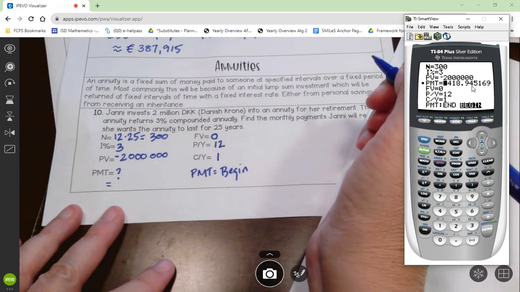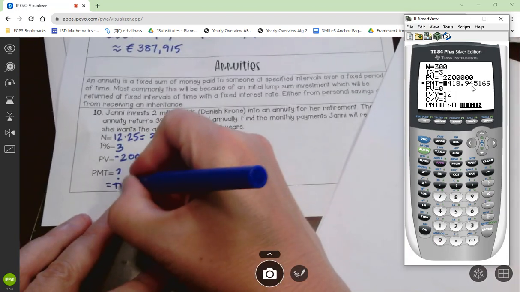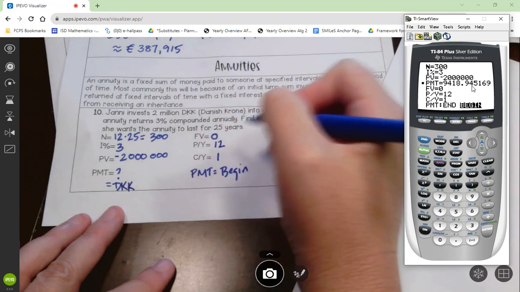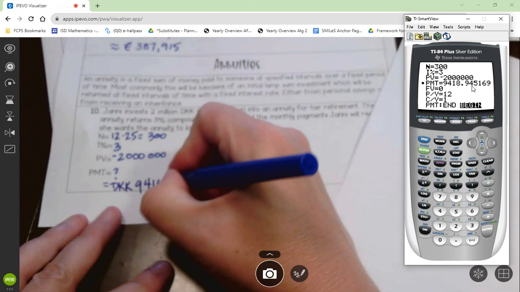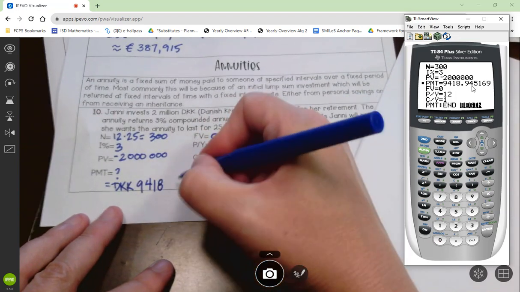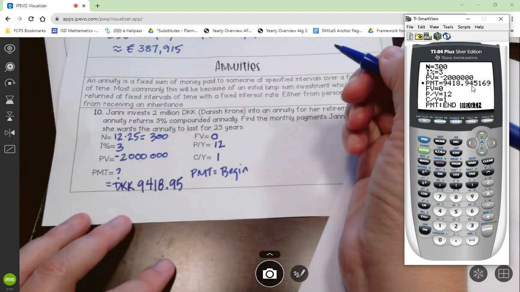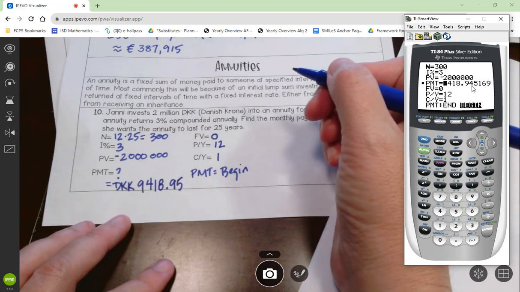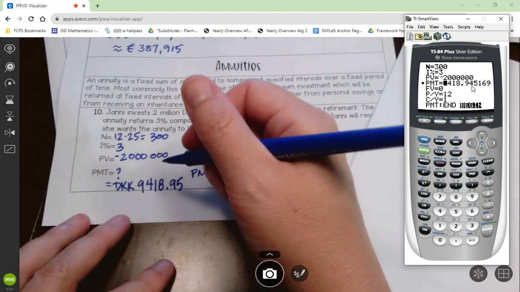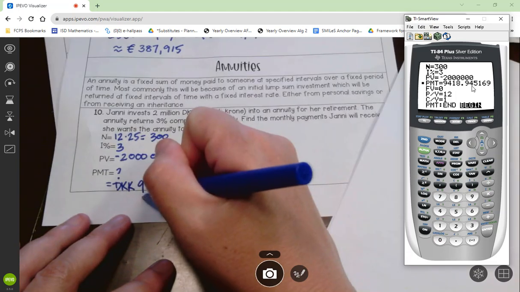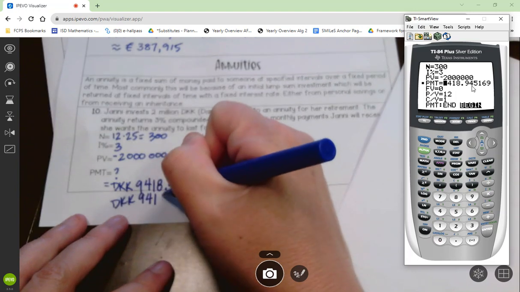This is going to be in, not dollars, but Danish krone. 9,418.95. Although I believe that the Danish krone are not rounded to the hundredths place. I believe they're rounded to the whole, or maybe the half, but not to 0.95. So we're going to round that to DKK 9419.